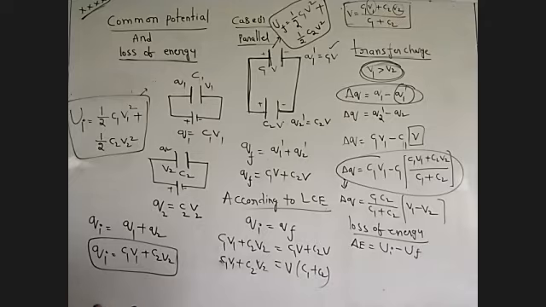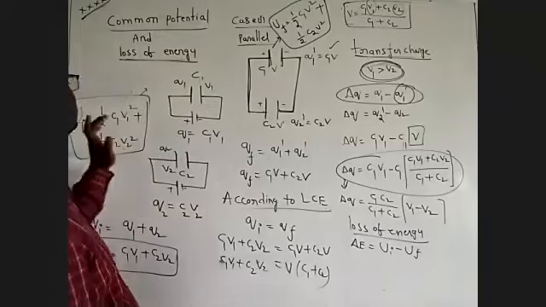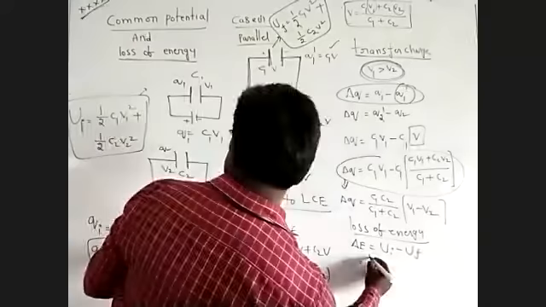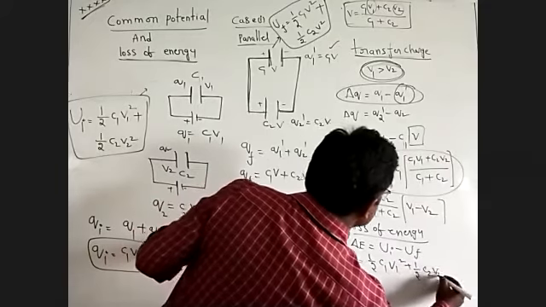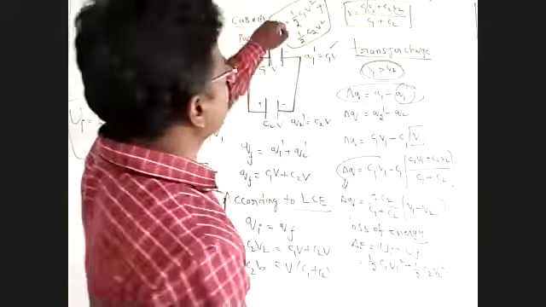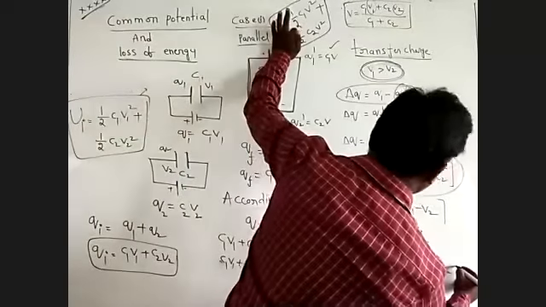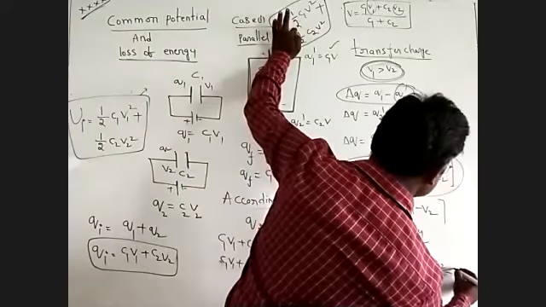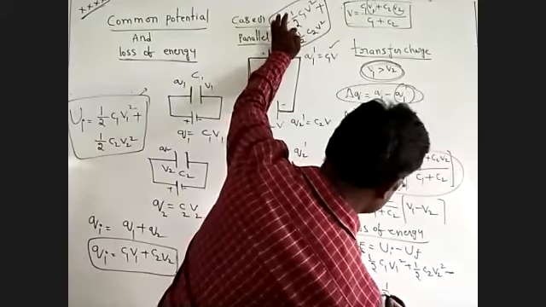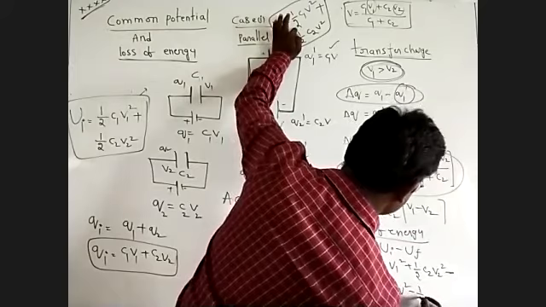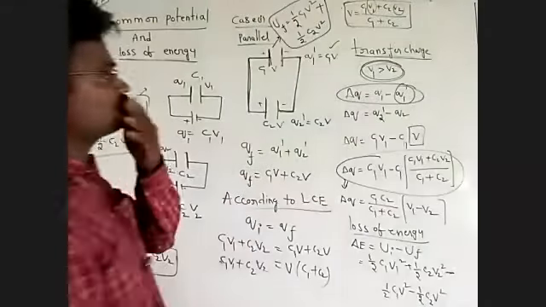Initial is half C1 V1 square plus half C2 V2 square, minus the final, where half V square is common: half C1 V square plus C2 V square. That is the loss of energy.